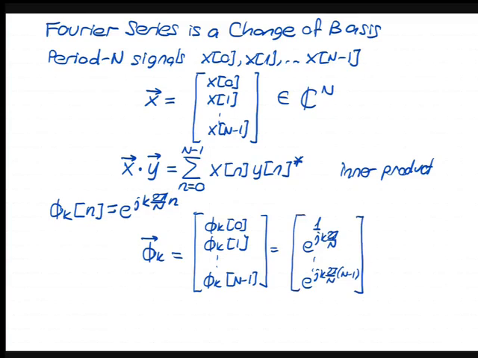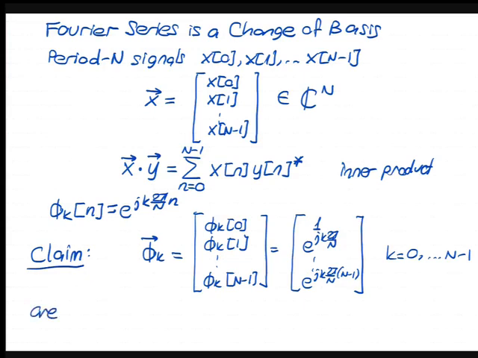Okay? So the claim is that phi k, from 0 to n minus 1, so if I take capital N of these vectors, they are actually an orthogonal basis for this complex space C to the n.